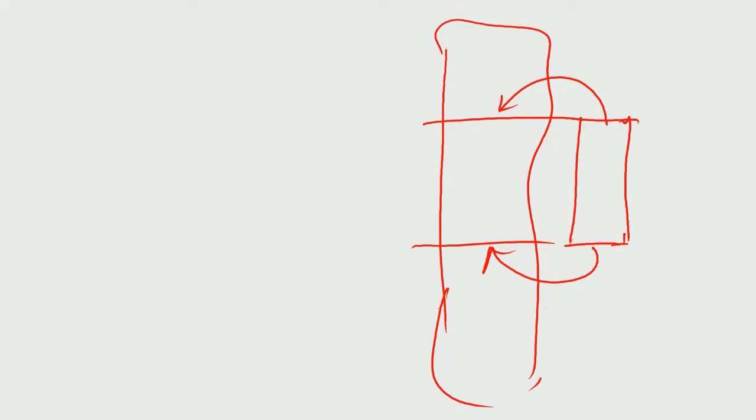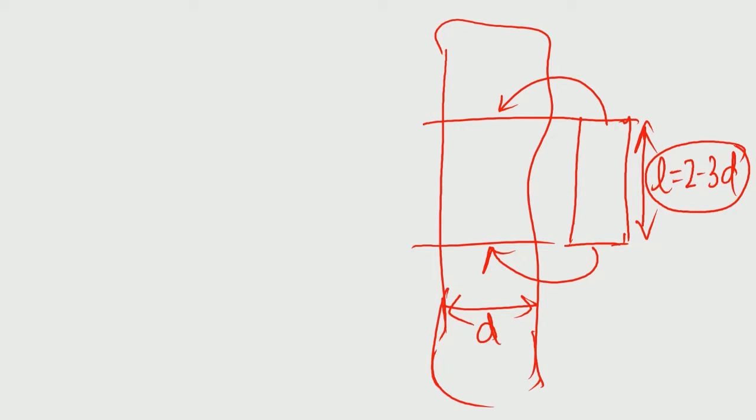The definition of the critical size defect is that if you cut a large piece of the bone and try to replace it with an implant, the length of the implant, L, should be somewhere between 2 to 3 times the diameter D of the diaphysis of the host bone. If you maintain this kind of dimension, then it is called a critical size defect.